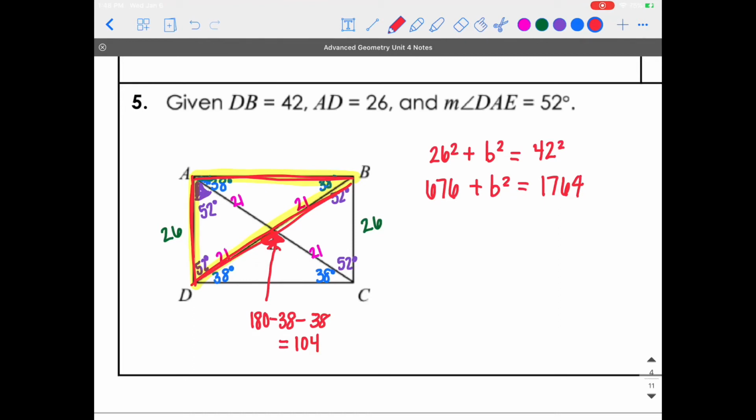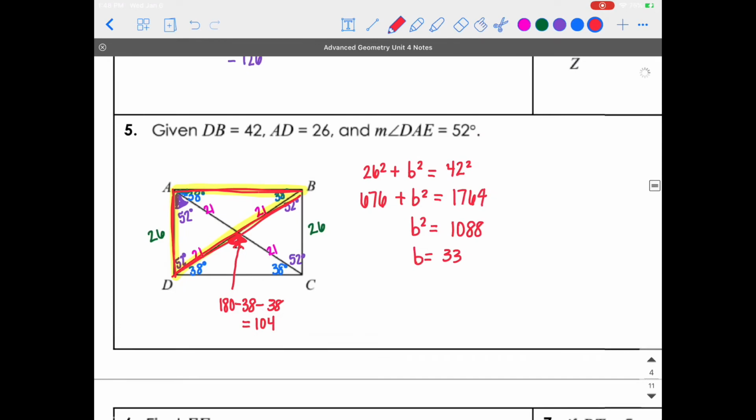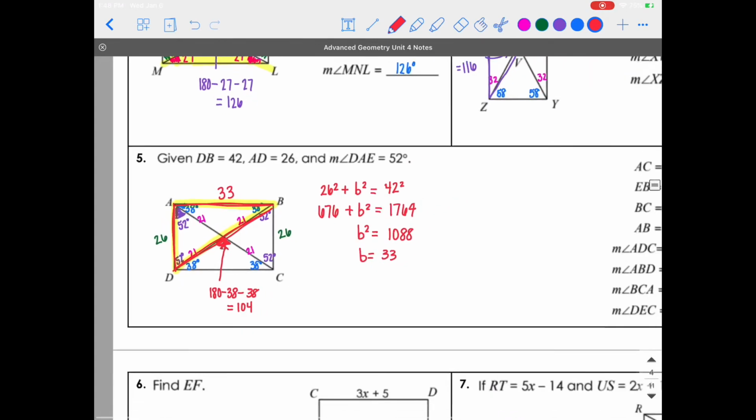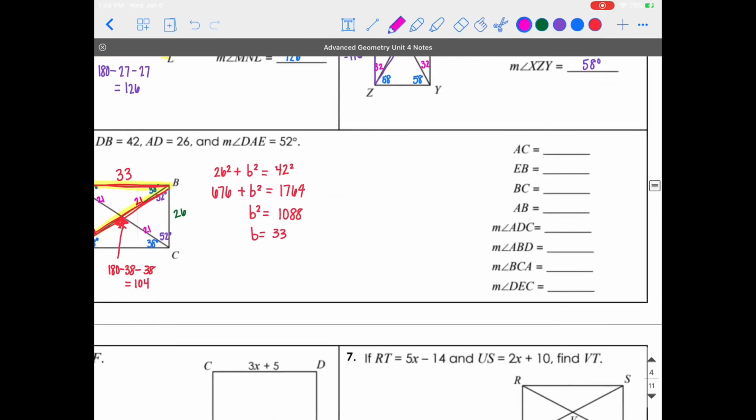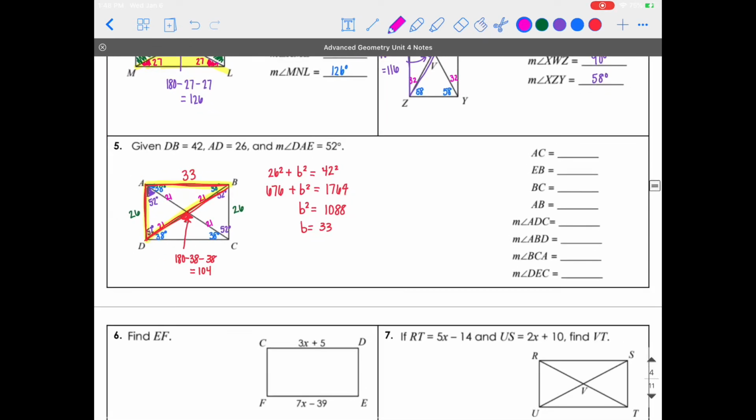So if I subtract 676 from both sides, I get B squared equals 1088. And if I take the square root of that, I get 33. So AB is 33.